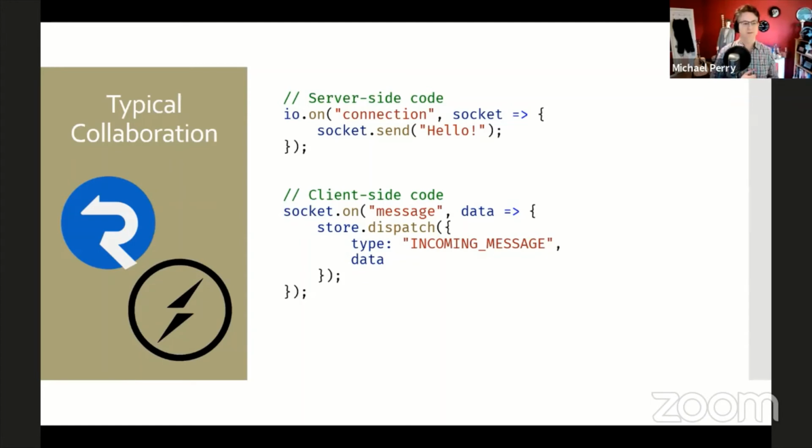Typically, if you're using something like SignalR or Socket.io, what you'll do is write some code on the server that detects an event, and then sends that on a socket to the client. This might be server-sent events, this might be WebSockets, but whatever the mechanism, it's going to send that message to the client. And then on the client, you receive that message, and then you update your user interface accordingly. So you have to know that a thing has happened on the server, and then on the client, you have to respond to it.